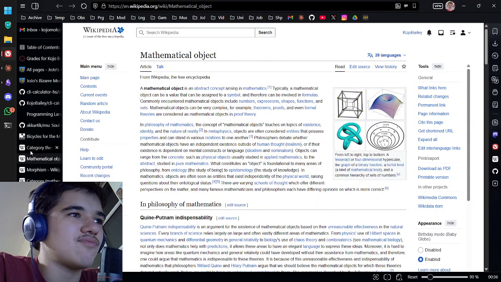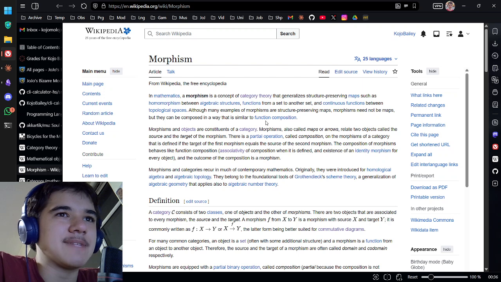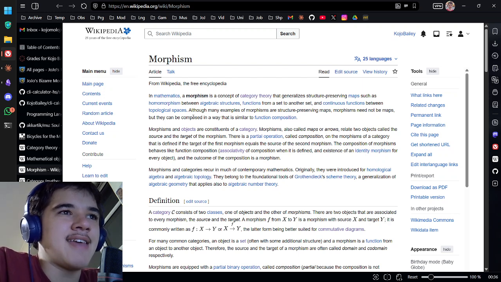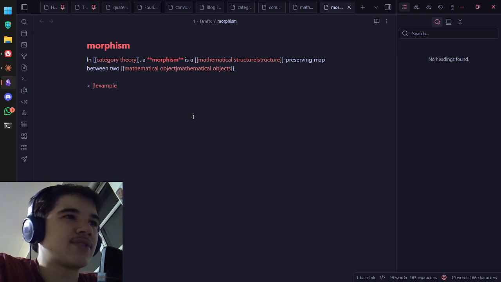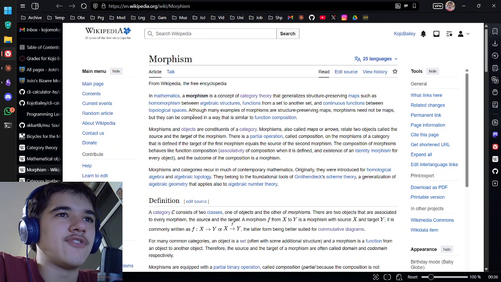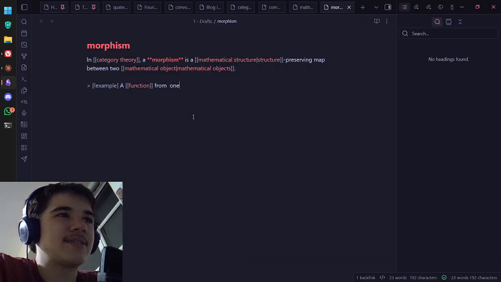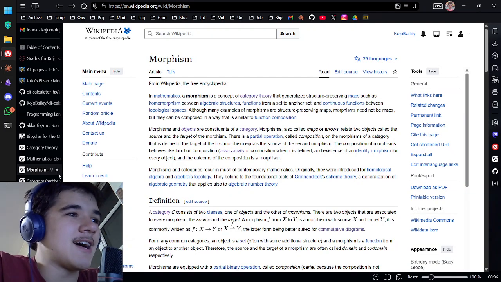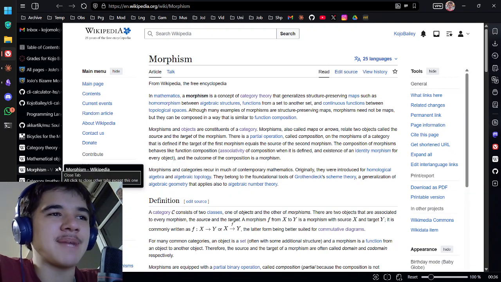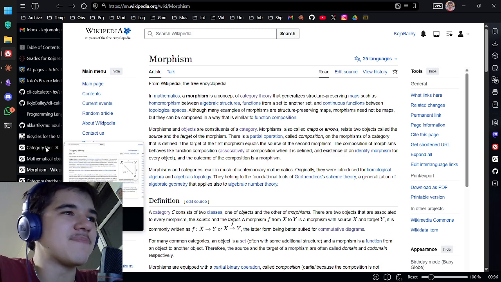Homomorphism, for example. A function from one set to another set is a morphism, which is cool, right? Because you think that those are the only types of morphisms that can exist, but no, there's more.